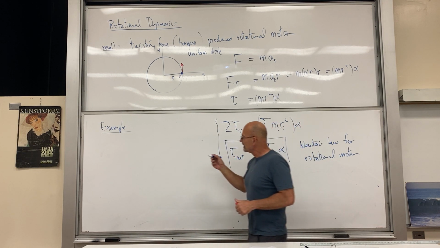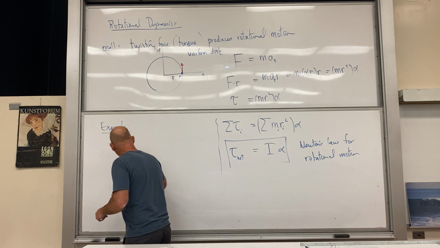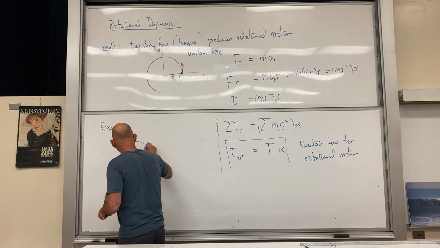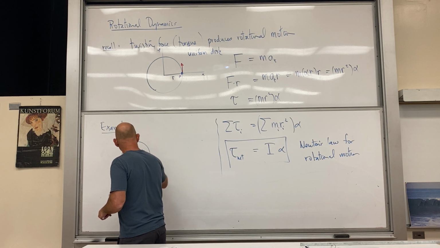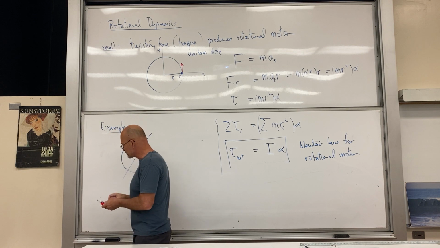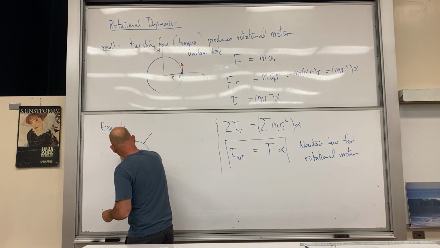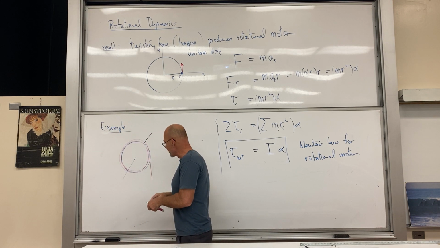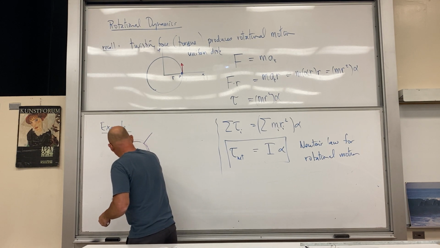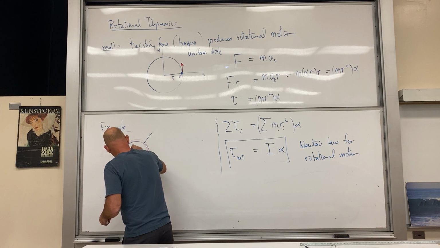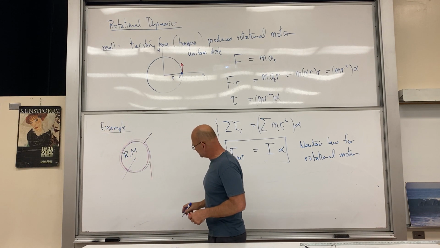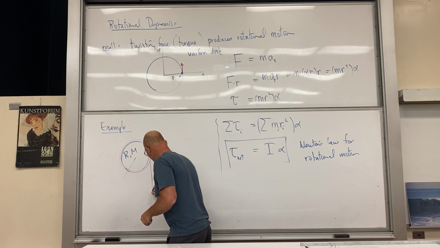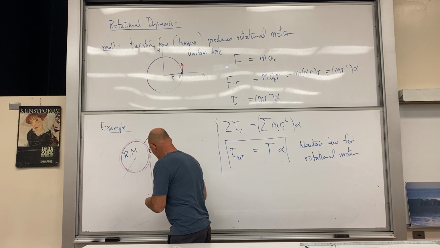So my example is if I have an unwinding spool. So here's a spool, and it has a bunch of string around it. I'll make the string in red. And then I have a mass. And by the way, spool of radius r, mass m. And then I have a mass down here.